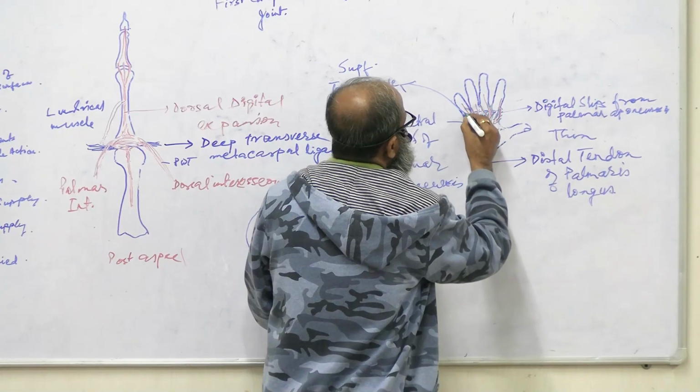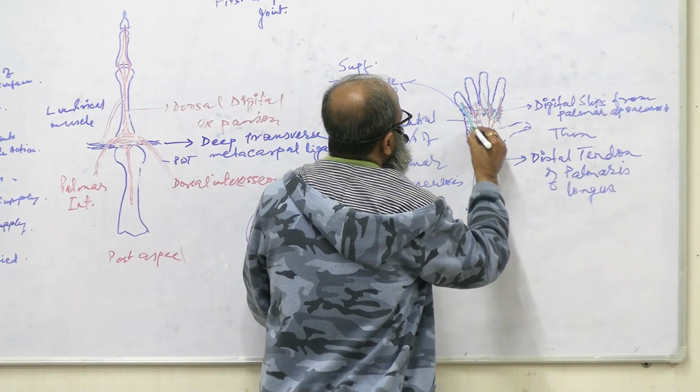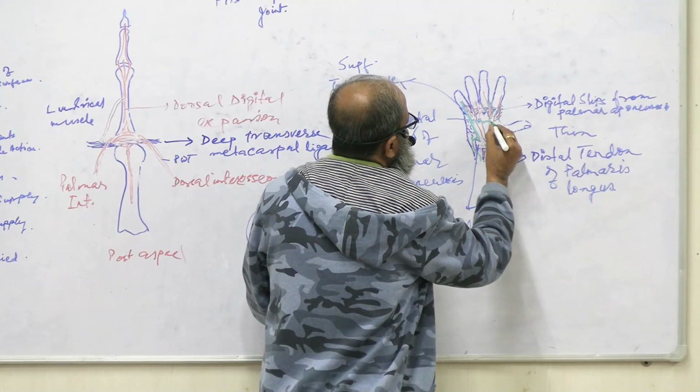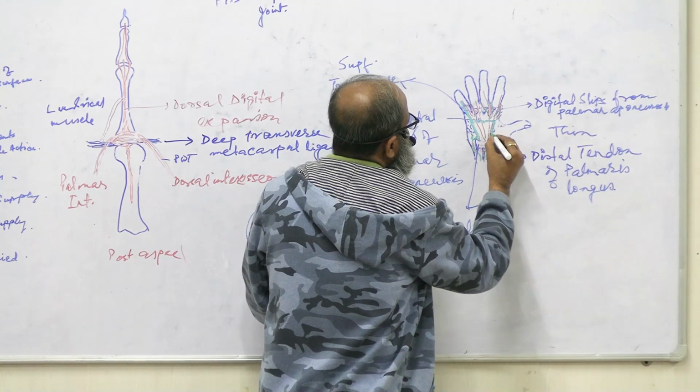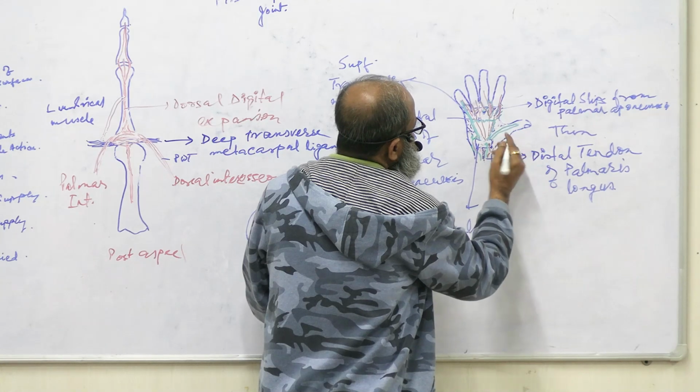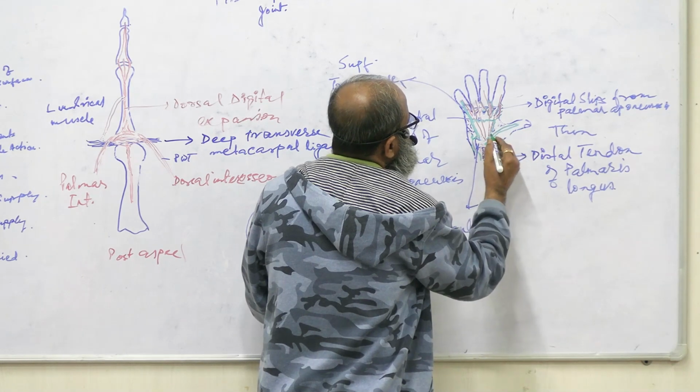Its medial part is continued in the little finger, but the other part is up to the mid of the palm, and there is the continuation of the radial part, separated.